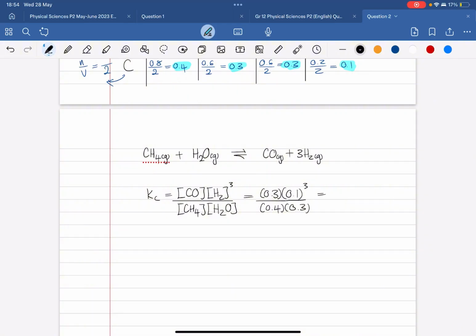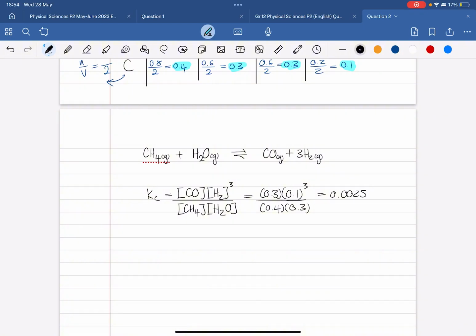All right. So you can put all of these values in your calculator and you're going to get a Kc value of 0.00025.